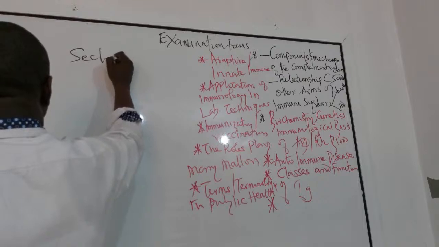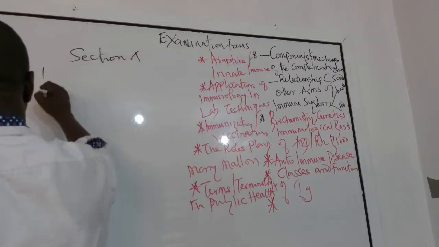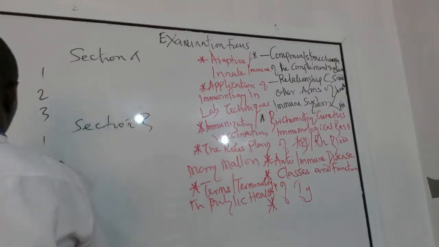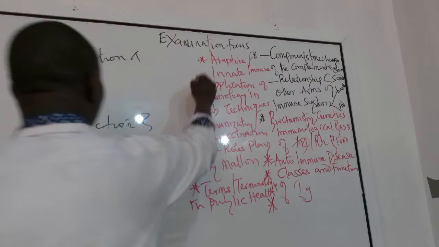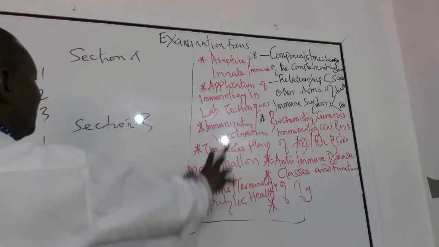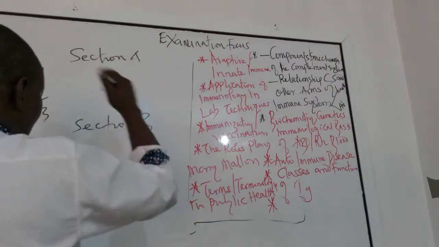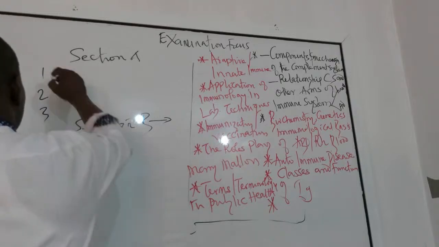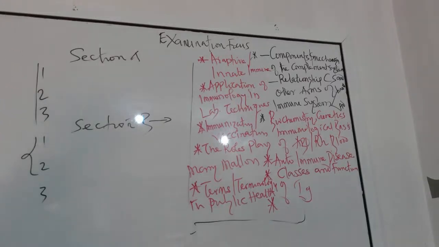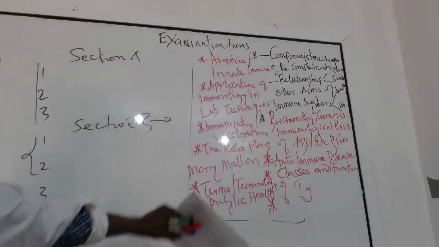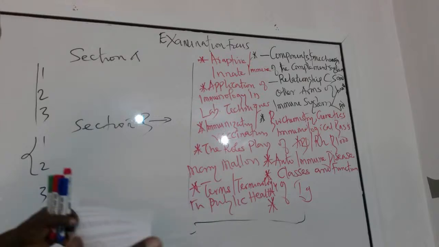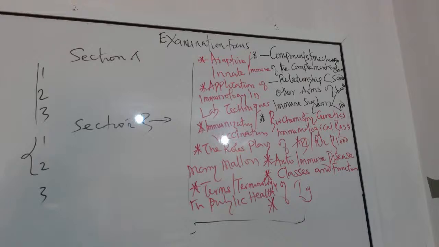I think you are going to have 2 sections, A and B. So all of these will be synchronized into 6, out of which you might be asked to choose 2 from section B, and basically to answer all in section A. It depends, but I want you to know that strictly this is exam focused, and that is why you should try as much as possible to get all your materials ready to focus on these 9 areas.